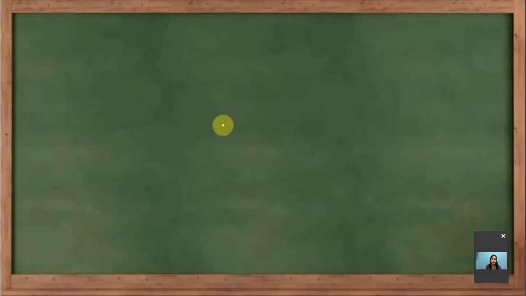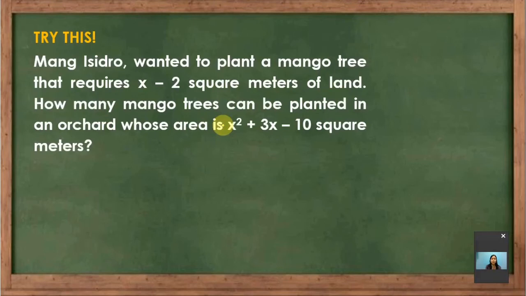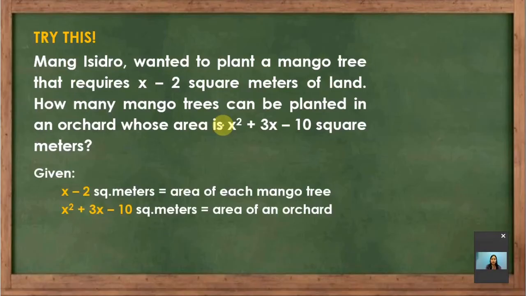Let us answer this problem. Mang Isidro wanted to plant a mango tree that requires x minus 2 square meters of land. How many mango trees can be planted in an orchard whose area is x squared plus 3x minus 10 square meters? The given in this problem are x minus 2 square meters as an area of each mango tree, and x squared plus 3x minus 10 square meters.